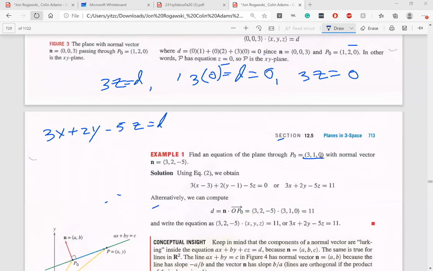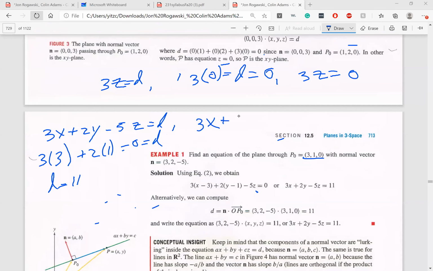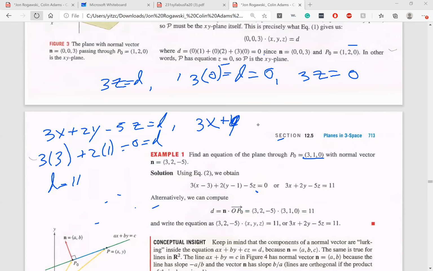And now we have this point P0 over here. So that's going to be 3 times 3 plus 2 times 1 minus 0 is equal to d. In other words, d is equal to 11. So that tells us that the equation of our plane is 3x plus 2y minus 5z is equal to 11. Perfect.